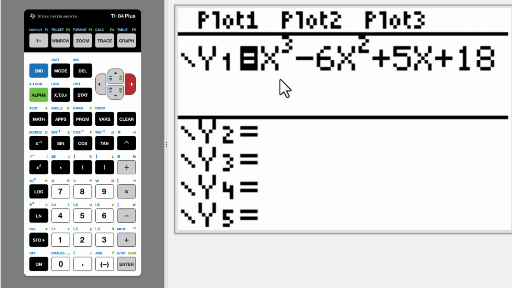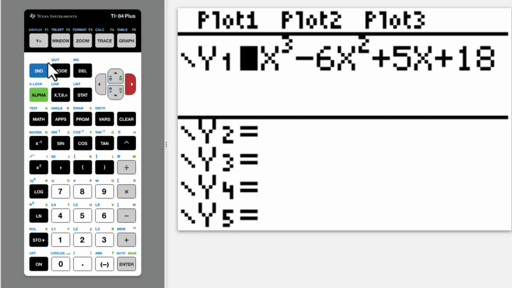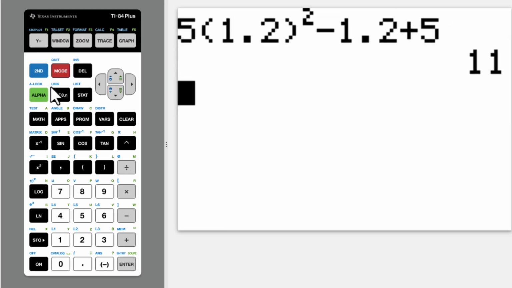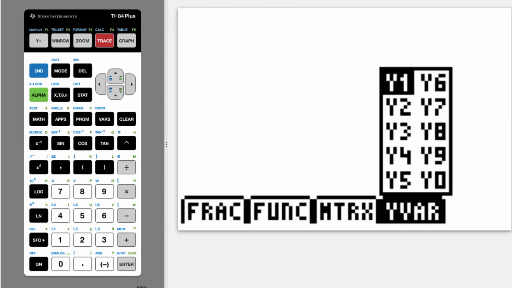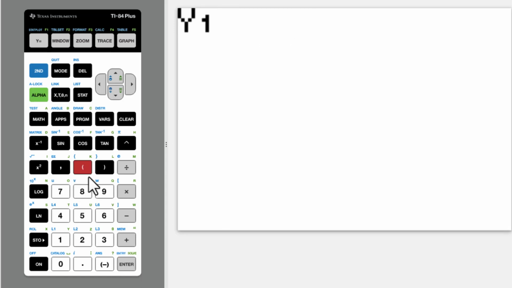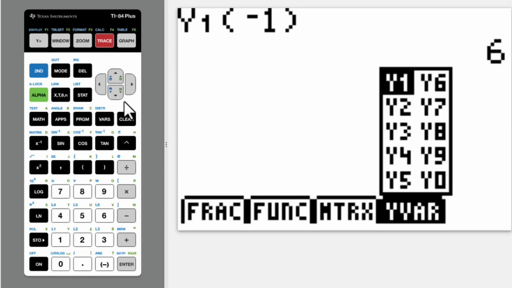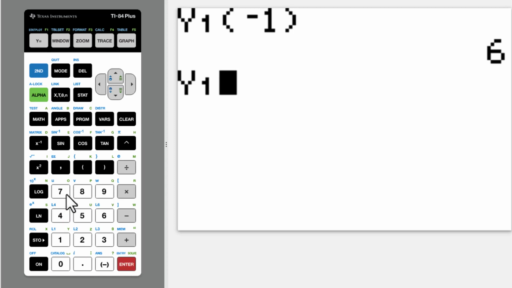equals. We will put the function into y1, then quit. Then alpha trace y1, -1, enter. Alpha trace y1 of 5, 18.